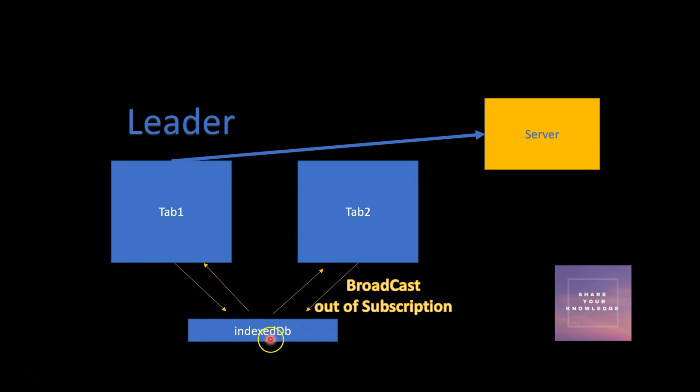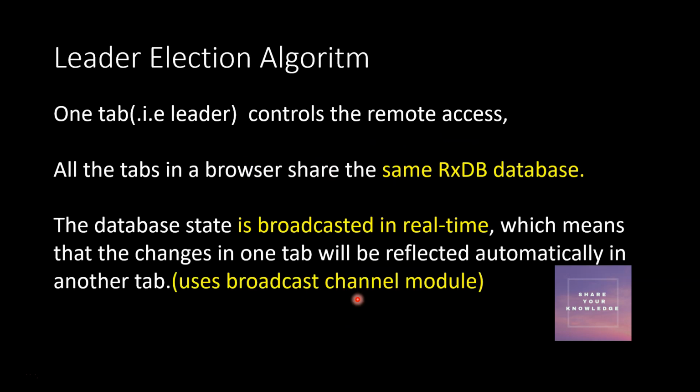Once the update happens in IndexedDB, the changes are broadcasted to all the tabs through the broadcast channel module, because these tabs would have subscribed to the same RxDB available in the browser, and the value gets updated automatically with one tab only doing all the remote access. So this is the leader election algorithm used in RxDB. You just have to give the control to RxDB, and this will happen automatically in your application.